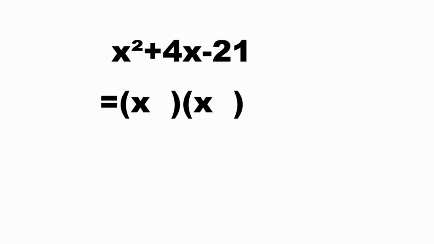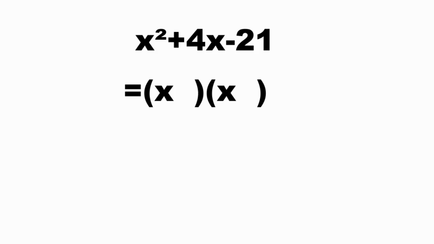So we have a positive and a negative factor. Since this is a positive 4x, this is a positive plus. So we are going to find the factors of negative 21 that, if you add, will give a sum of 4.